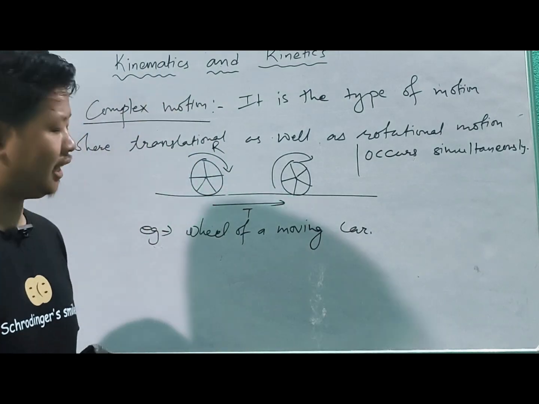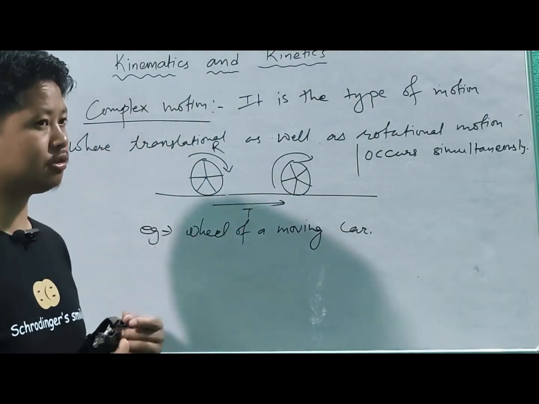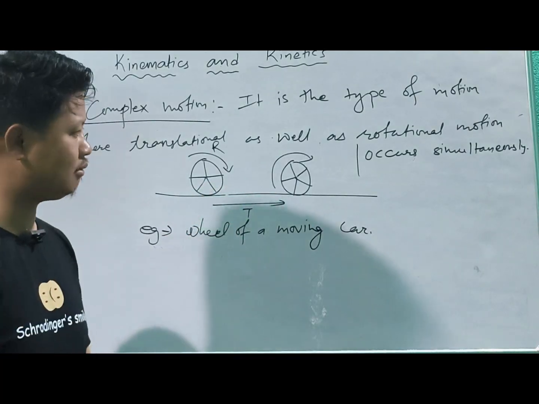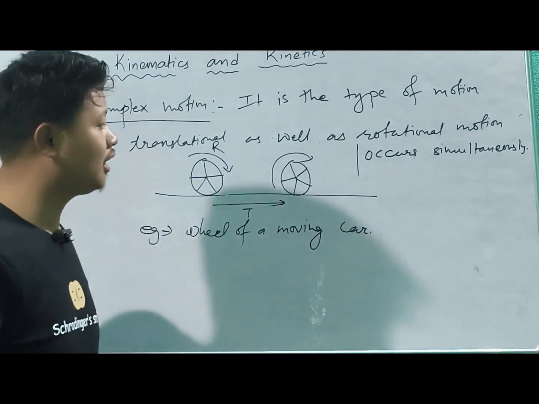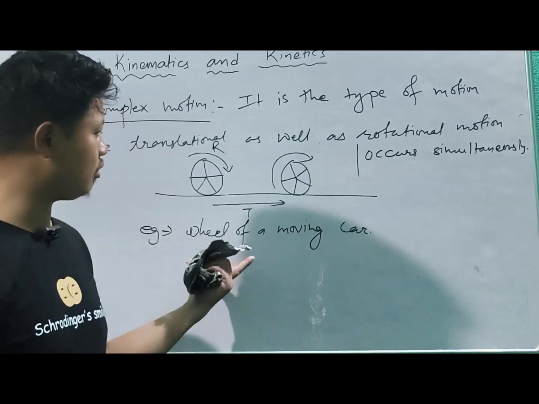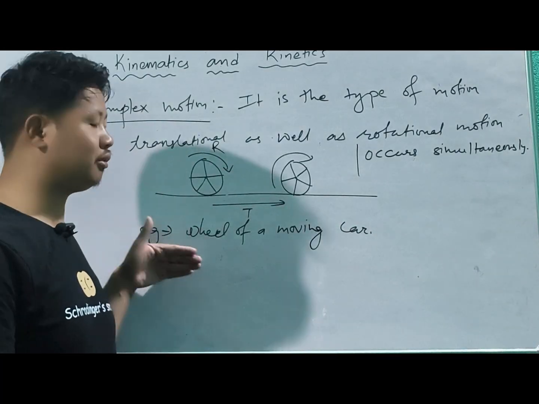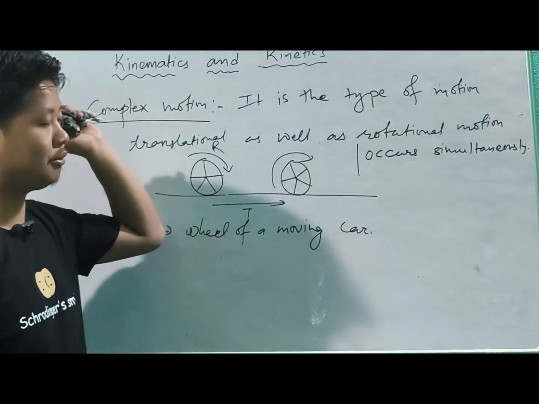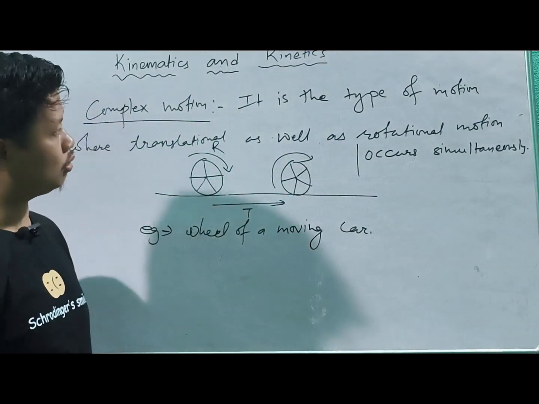That time we can say it is a rotational motion. Now if the wheel of the car is moving on the ground as well as rotating, that time we call this type of motion a complex motion.